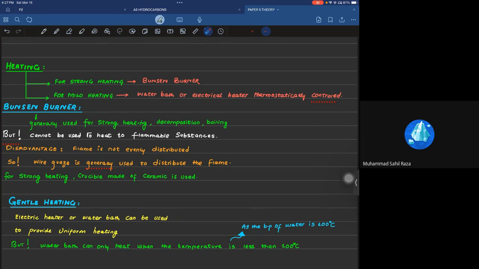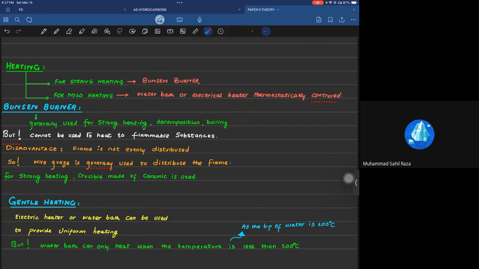So what apparatus am I supposed to use for heating? There are two types of heating. The first one is strong heating and the other one is mild heating. For strong heating, you can use a Bunsen burner, but for mild heating, you can use a water bath or an electrical heater that is thermostatically controlled.